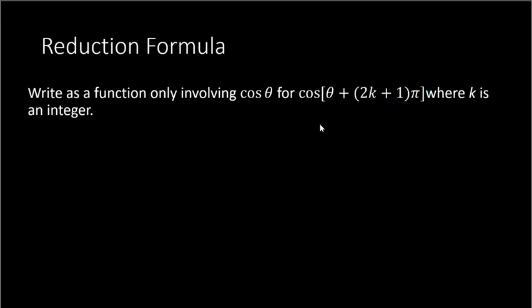So we have the correct answer, but let's quickly show one other way we could get the same solution, and that is by using our cosine identity, the one that says cosine of x plus y is equal to cosine of x cosine y minus sine of x times sine of y. If we use that, notice here that x would be theta, and y would be this expression over here.